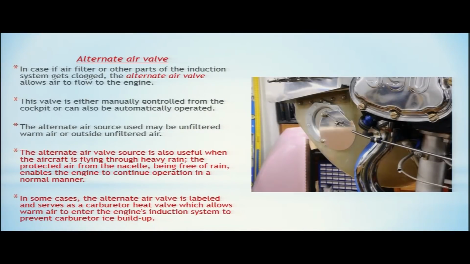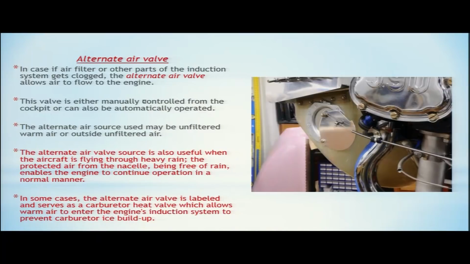The alternate air valve source is also useful when the aircraft is flying through heavy rain. The protected air from the nacelle, which is free from rain, enables the engine to continue operation in a normal manner.